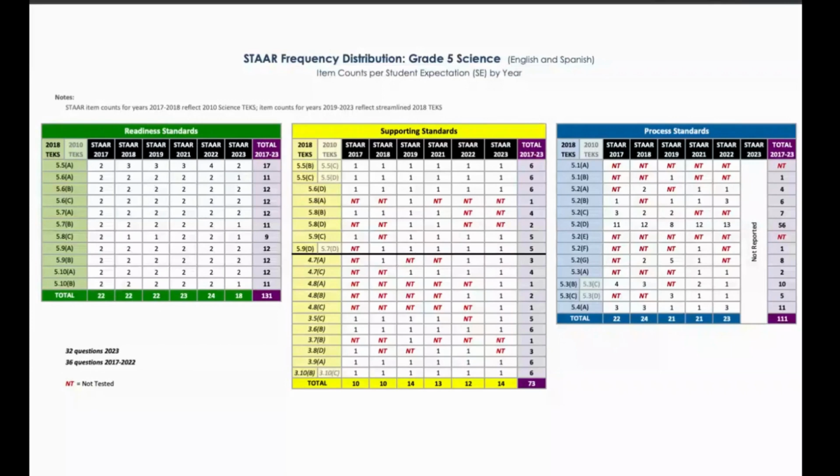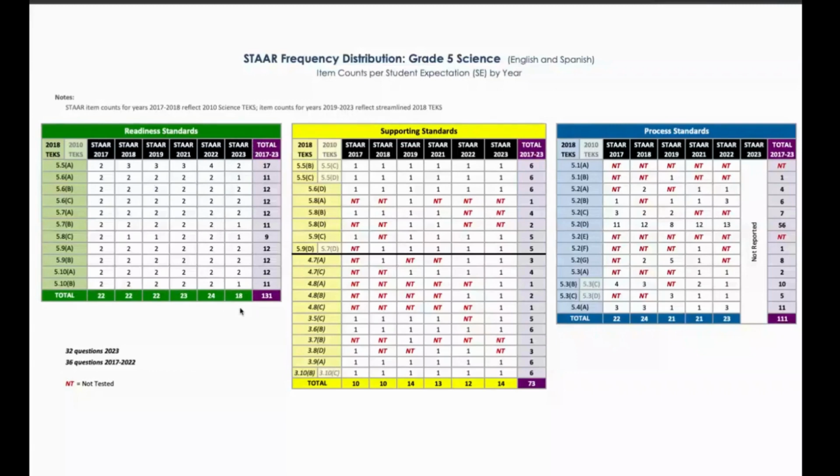One notable mention that we can do here is the readiness standards for 2023 were assessed 18 times on that 2023 administration. The supporting standards were 14 questions. Therefore, we can see that our biggest amount of points that can be obtained from the STAR came from the readiness standards in the 2023 administration.